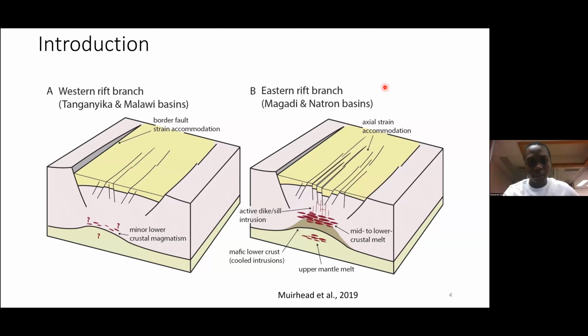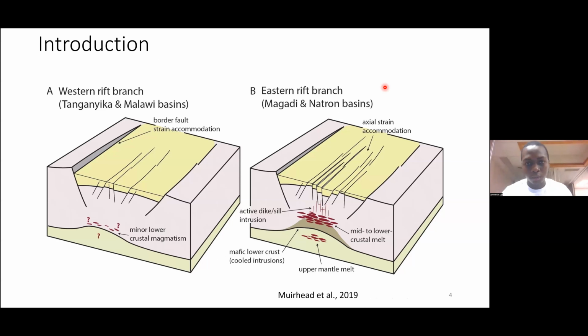But there can be a series of variations in how normal fault growth patterns occur along the rift system, because there could be variations in the type of rift system we have. So is the rift system magma poor, or is it assisted by magma intrusions?